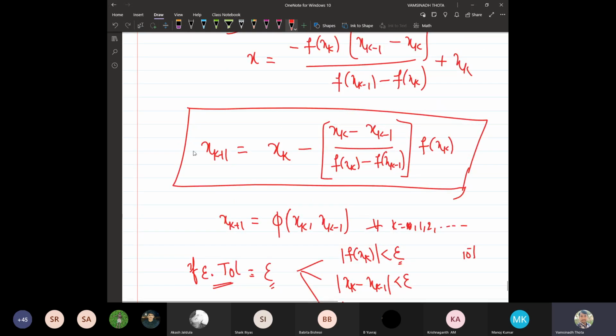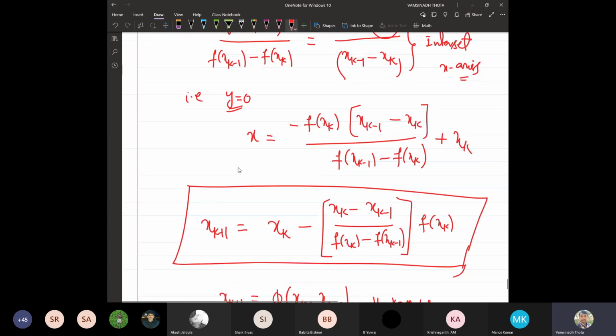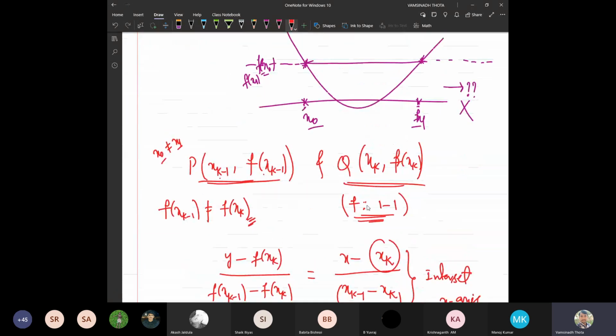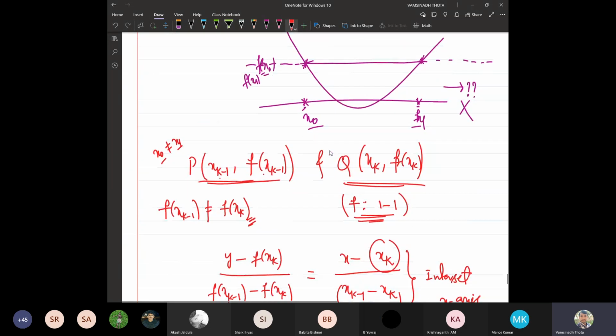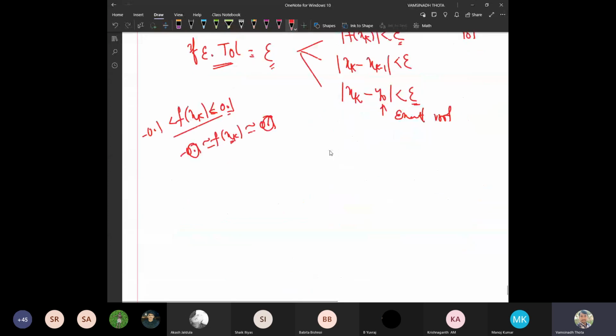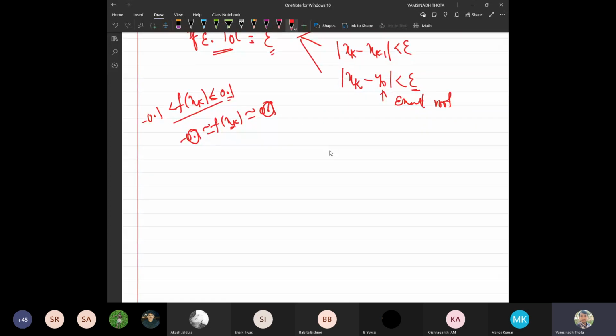It completely depends on the initial approximations we have chosen, x0 and x1. Suppose you choose the points x0 and x1 far away from the exact root, then the method may not converge.